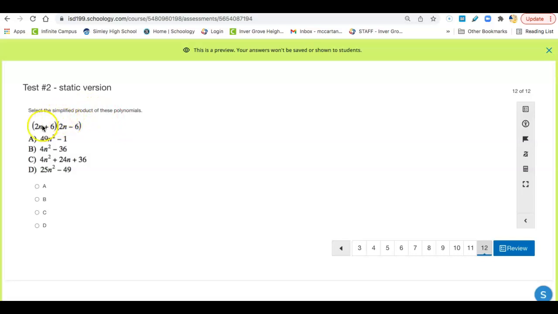All right, 2n times 2n is 4n squared. That's the first term. 6 times 6 is 36. That's the last term. There's a negative in between. All right, that's it. There's no middle term because 12n minus 12n disappears.